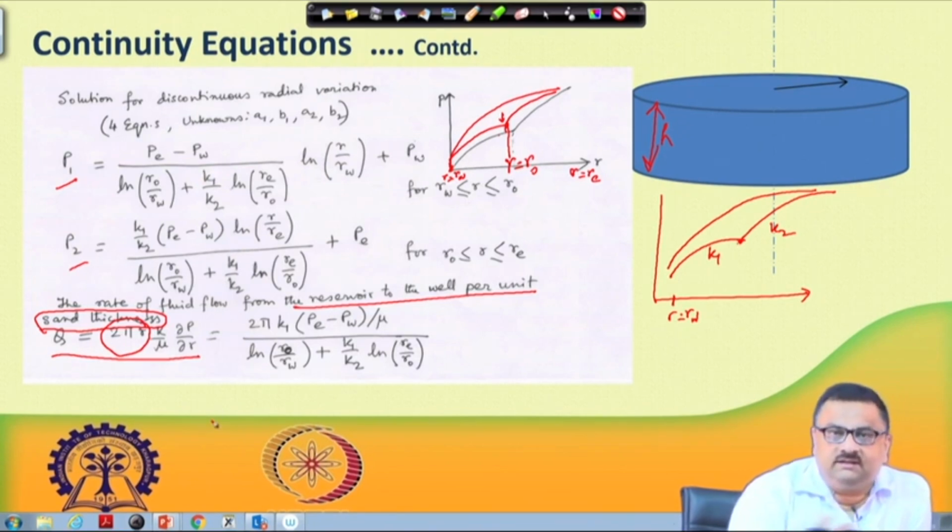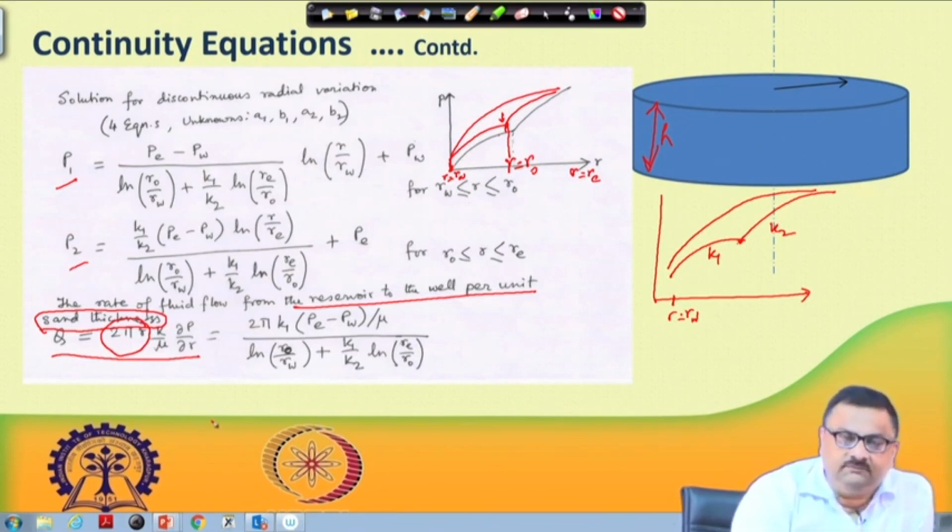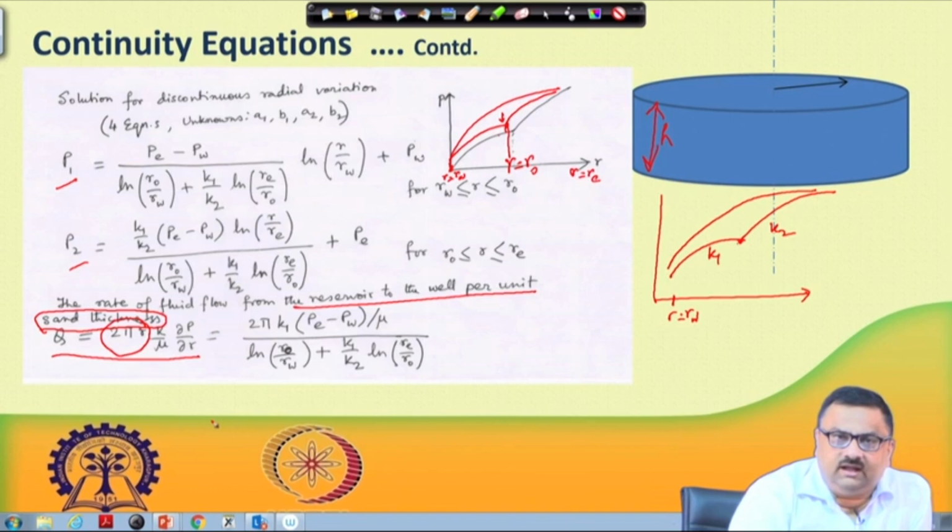So, if there is a break in permeability, one can have a way to solve this. This Laplace equation that we have discussed earlier for a single permeability setup now has to be solved.